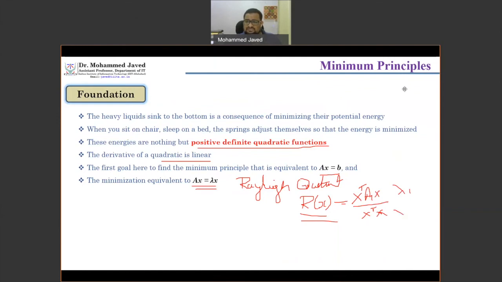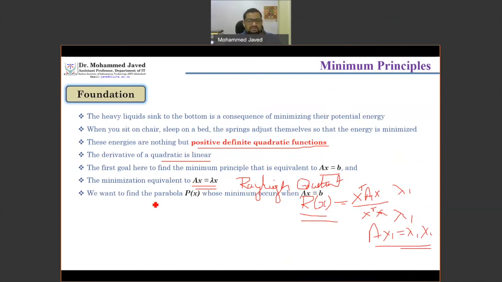So the minimum will happen at Ax1 equal to lambda 1 times x1. I'm not going to deal with this in detail, but for the sake of completion I am introducing the Rayleigh quotient.